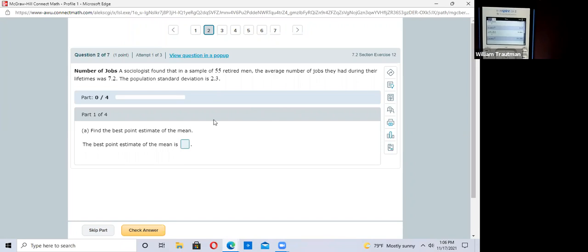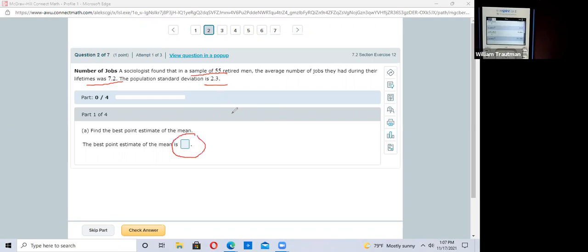A sample of 55 retired men, the average number of jobs they had during the lifetime was 7.2. The population standard deviation is 2.3. Find the best point estimate for the mean. Anybody know the answer to this?